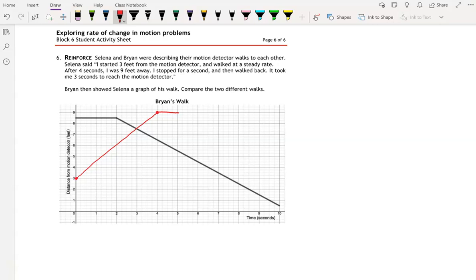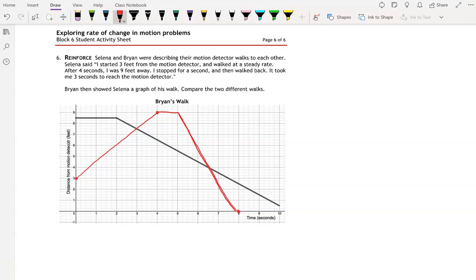And then walked back. It took me 3 seconds to reach the motion detector. So from here, 3 seconds: 1, 2, 3, and she reached the motion detector there. Not the best line, but it's good enough.